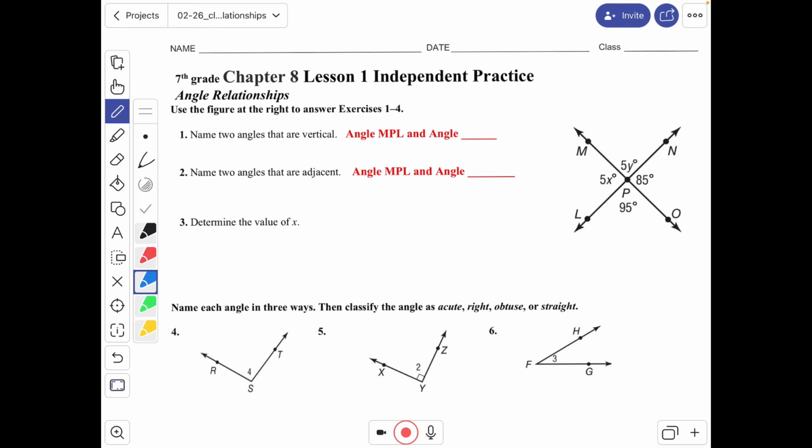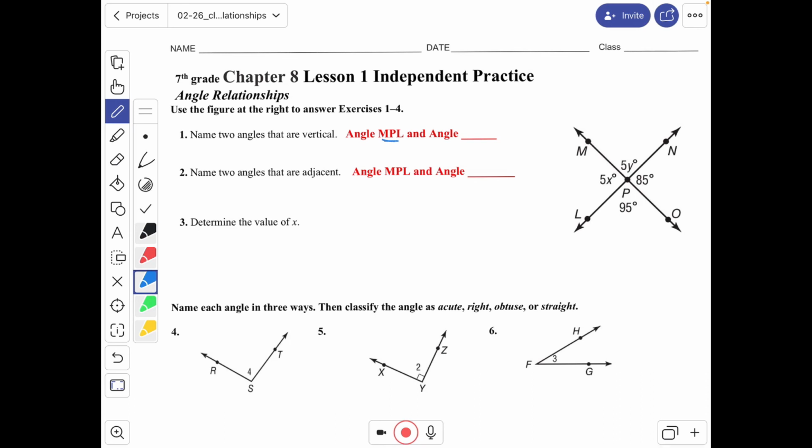Let's look at the questions you're supposed to be doing by yourself. Okay, number 1 says name 2 angles that are vertical. And I got you kind of started.